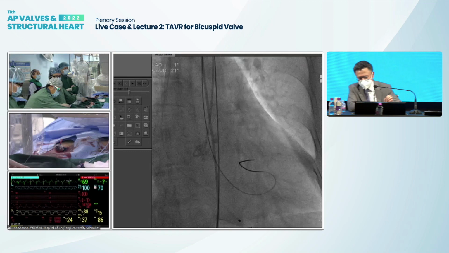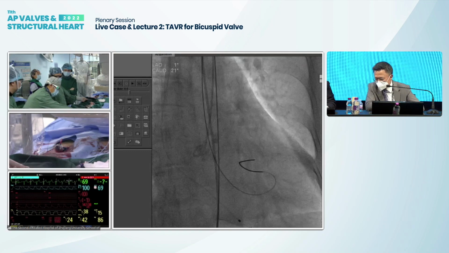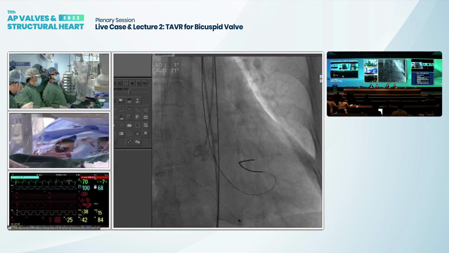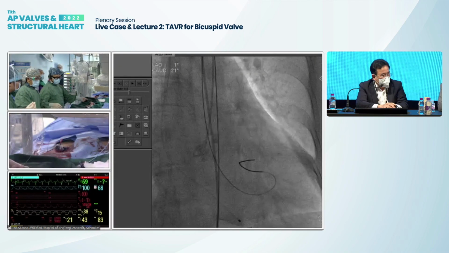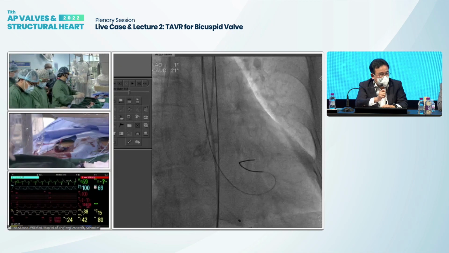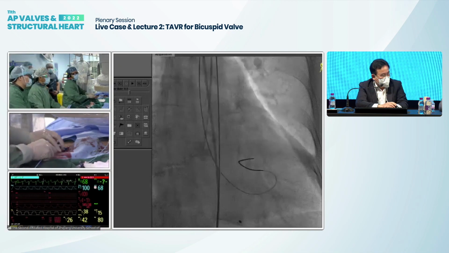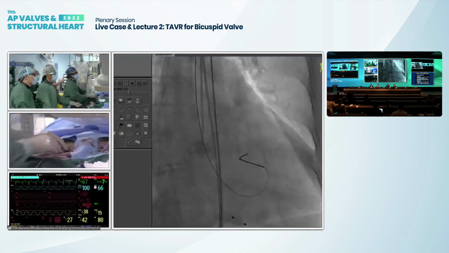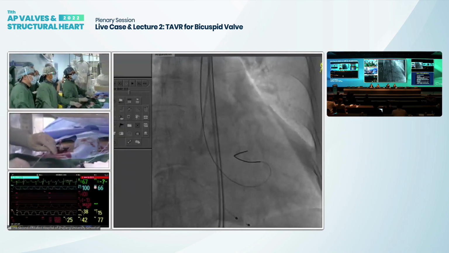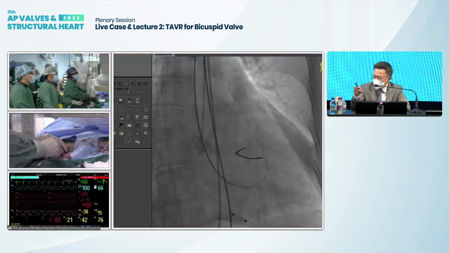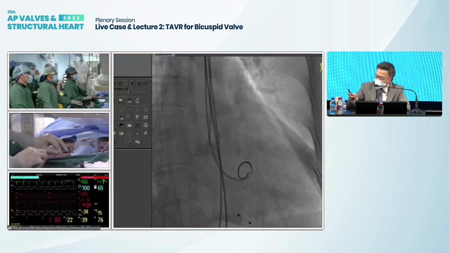Alan, I have a question for you. If you are using this kind of round-cast wire during the TAVR procedure, do you make some curve at the end? Yeah, if I use a London wire, which I don't use that often, I really make the tip a pigtail and try to bury it in a little stiffer part of the aorta around the arch, so that it would track across.